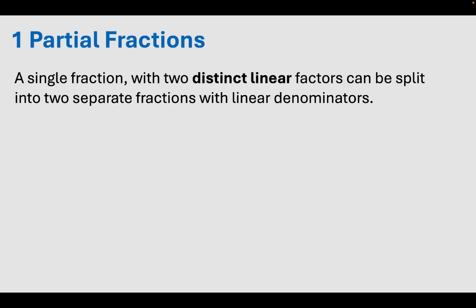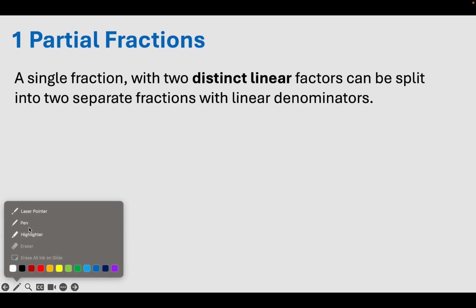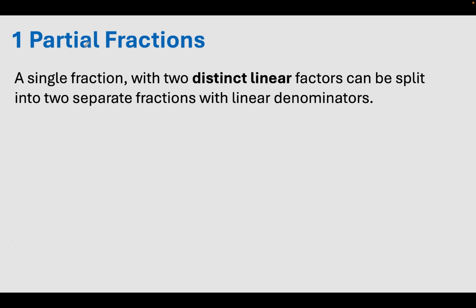When we talk about a single fraction here, we mean a rational expression with two distinct factors. Distinct here means different or unique, so no repeated roots just yet. This can be split into two separate fractions with linear denominators.